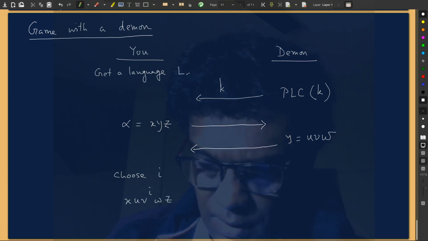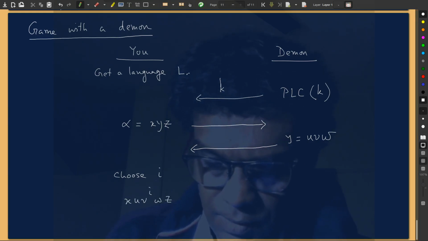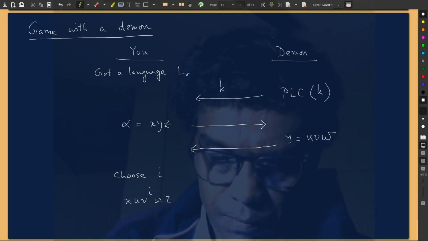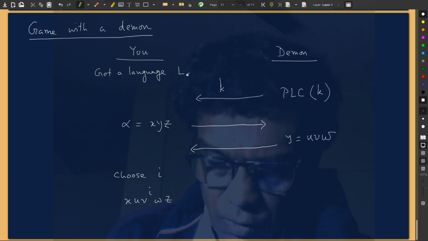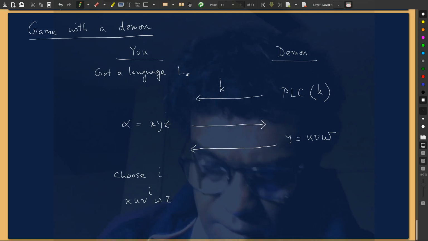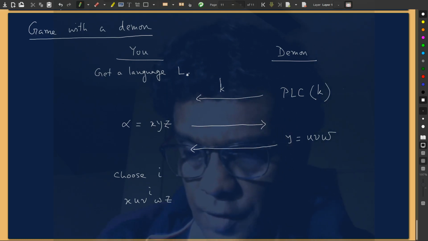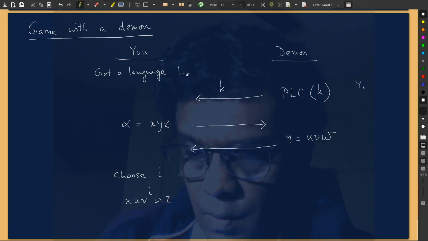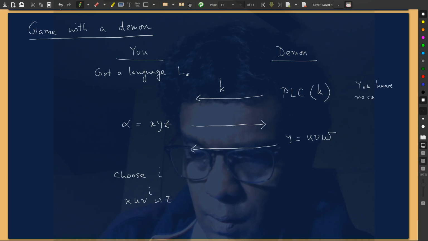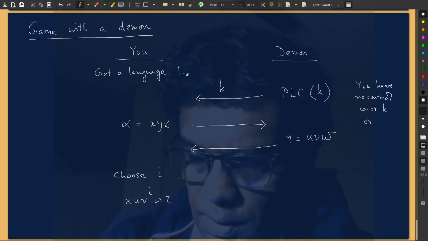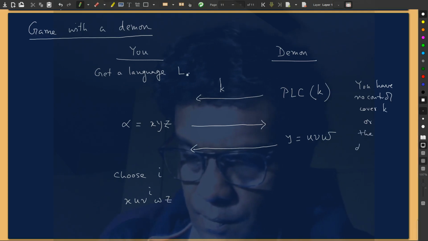Okay, this is your choice. So make it very clear that you have no control over k, or the decomposition of y.